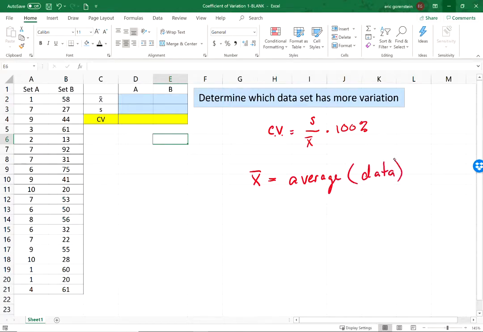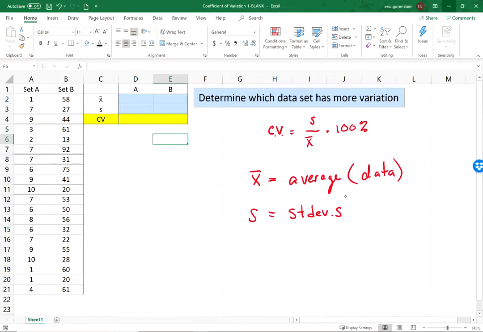And the location of the data is going to be either A2 through A21 for set A or B2 through B21 for set B. And the Excel function for the standard deviation, at least the sample standard deviation, is STDEV dot S, because it's the sample.